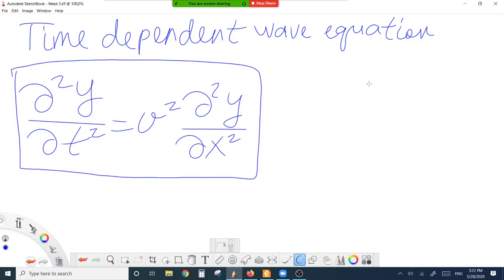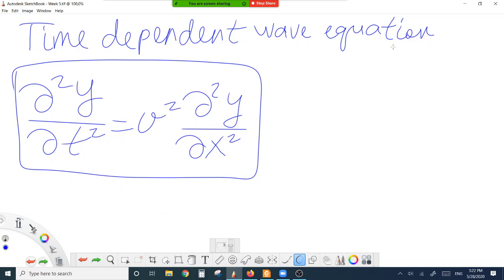The hint to the answer is the wave equation itself: we may rewrite Maxwell's equations in the wave equation form.